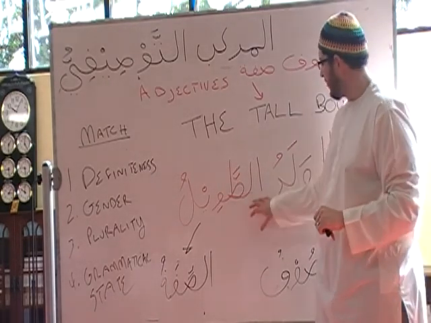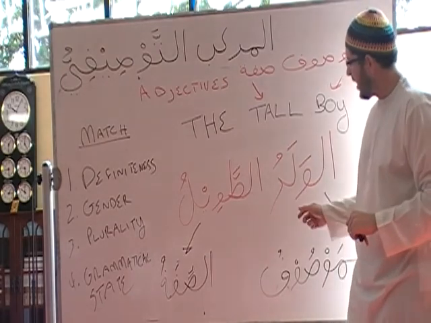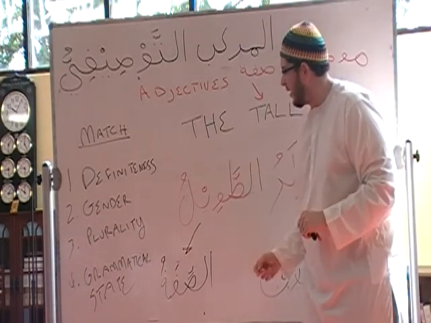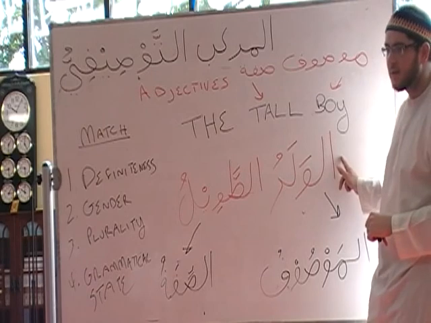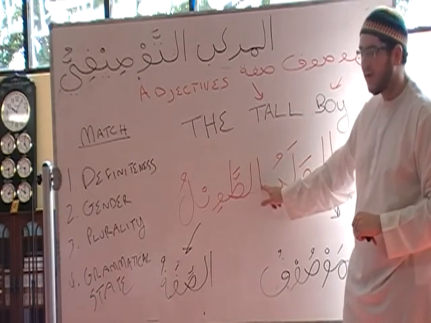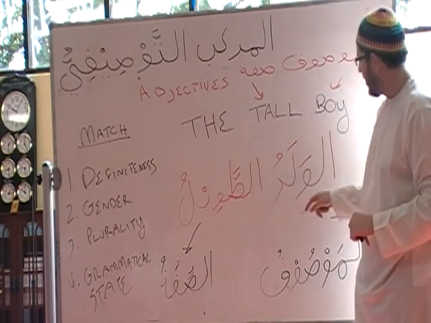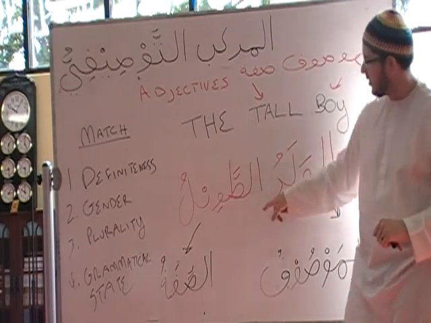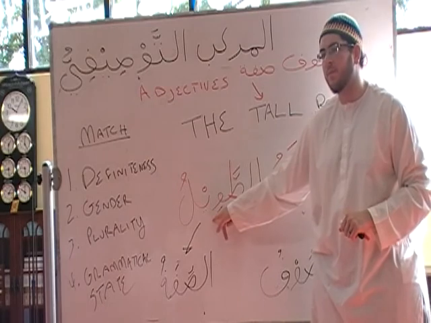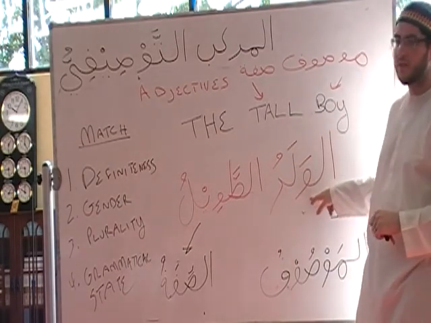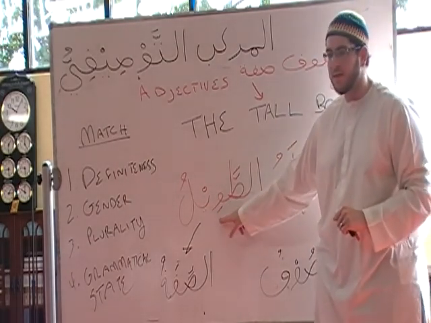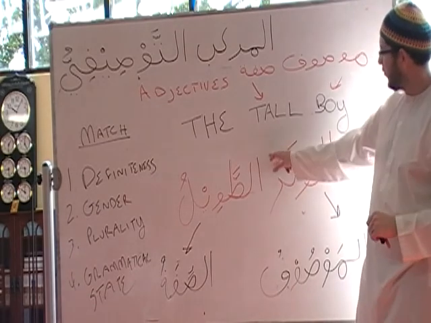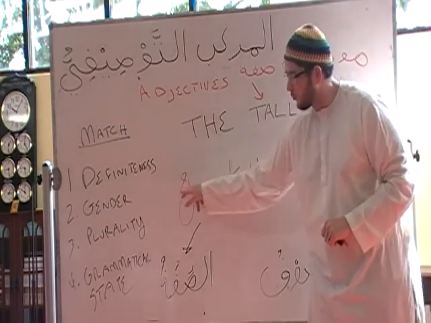So the sifa comes after the word that's being described, and it matches in all these four things. So this is ma'rifah, or definite. This is ma'rifah, definite, the alif lam. This is gender, mudhakkar, masculine. This is mudhakkar, masculine. This is single, mufrad. This is single, mufrad. And this is marfu'un. This is marfu'un.